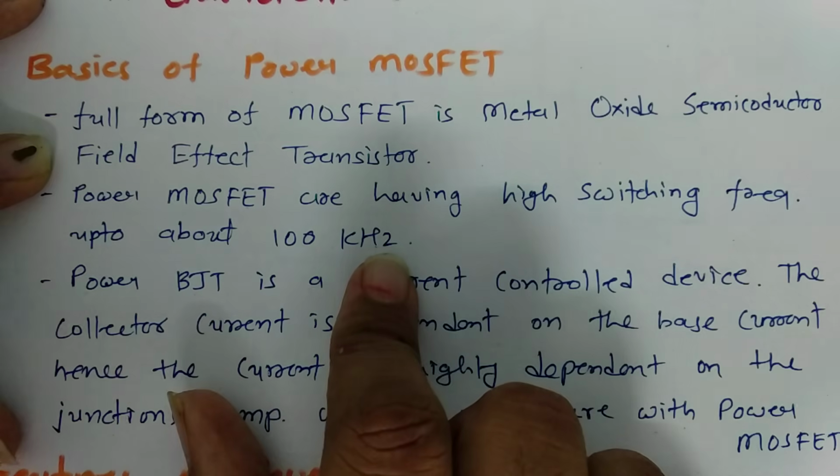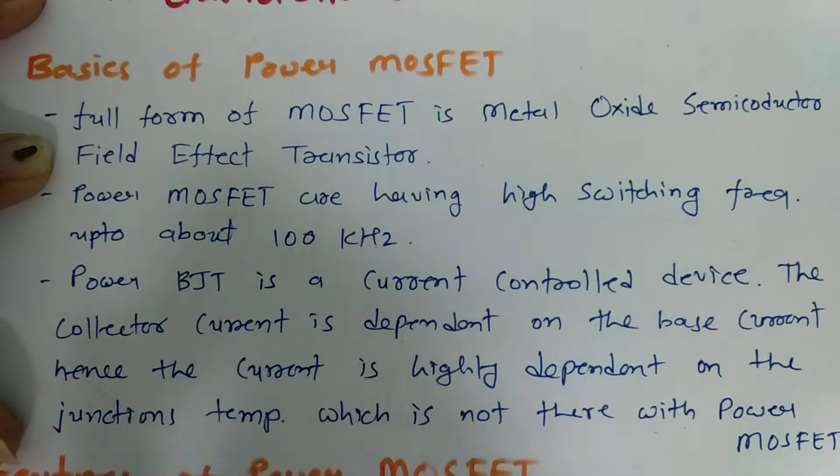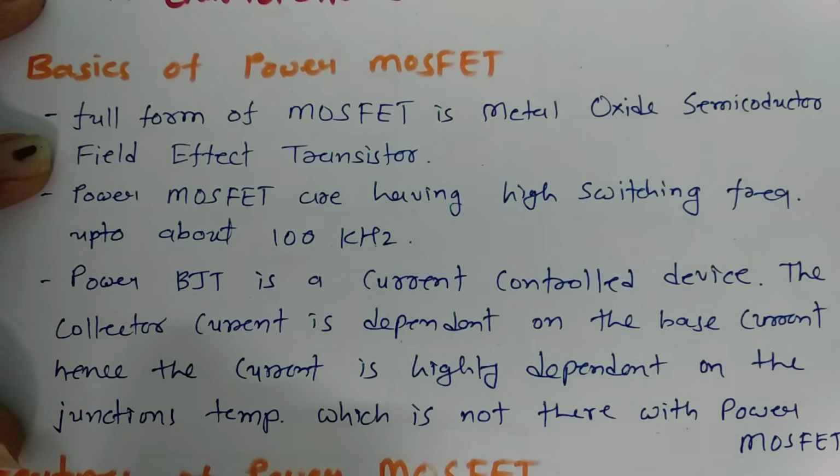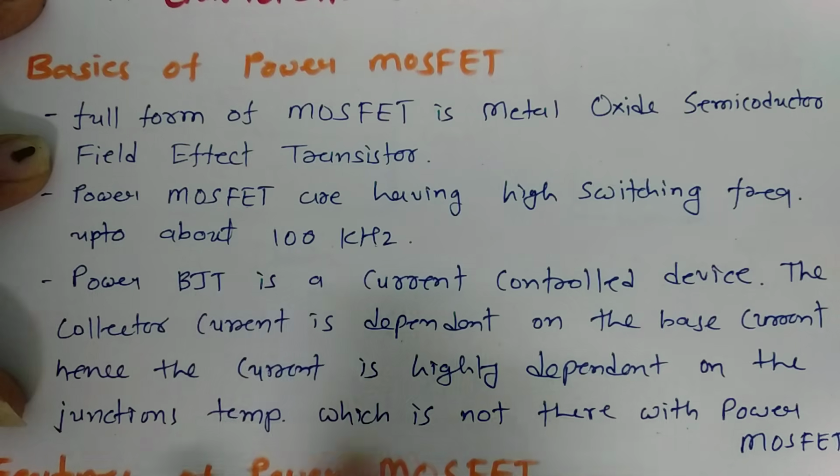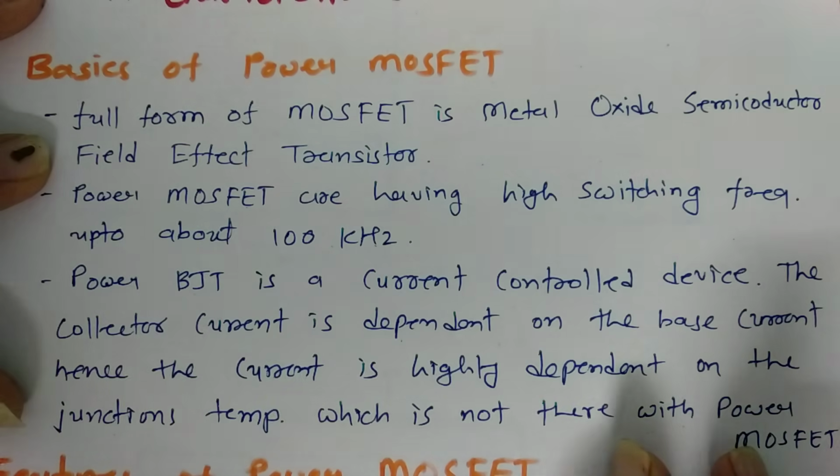That is very good in terms of power electronics, and it has an advantage over BJT. BJT is a current control device. Collector current depends on base current, and even base current is highly dependent on junction temperature. So ultimately that affects the output current, but that is not there with MOSFET.